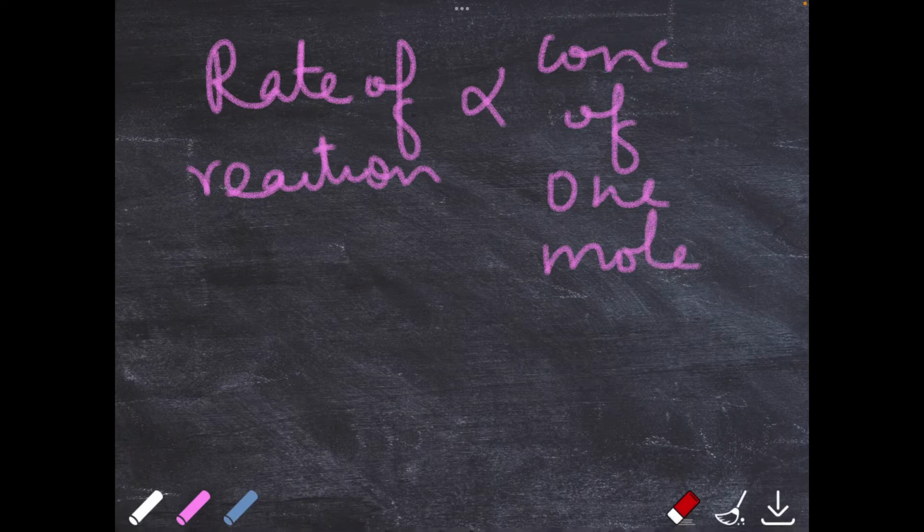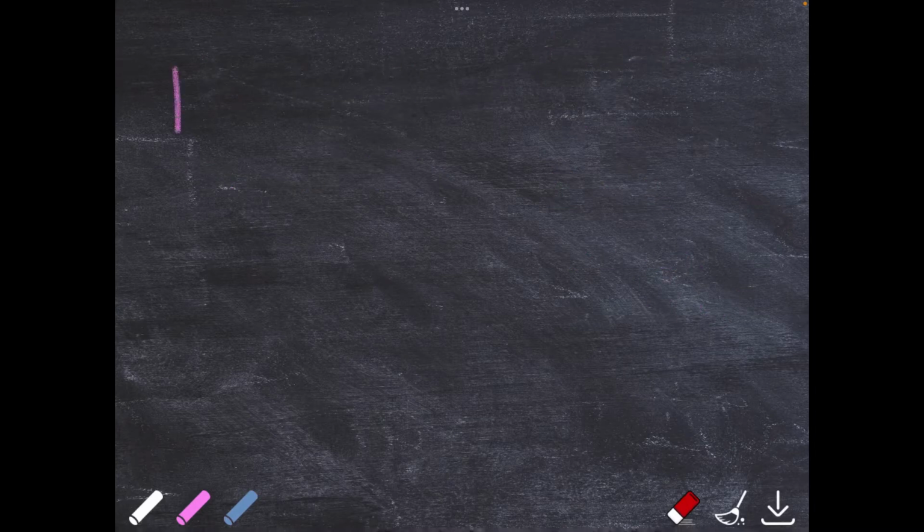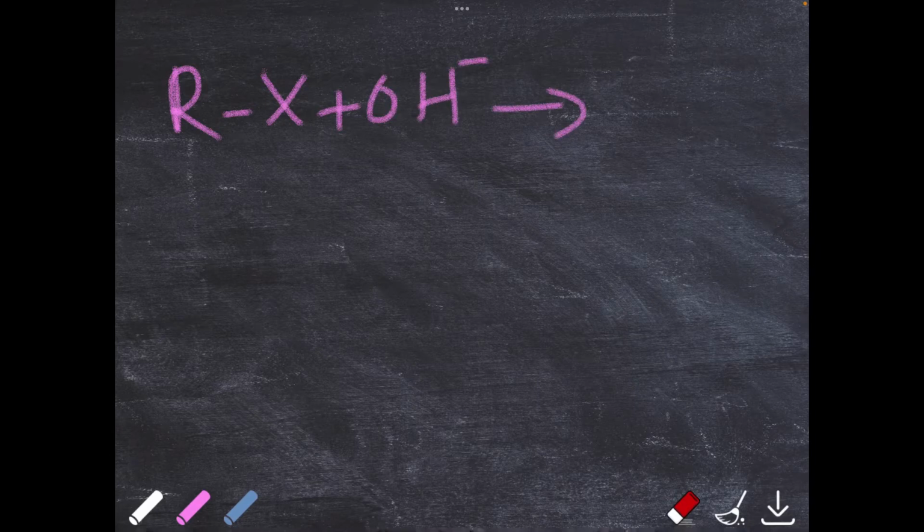That is why it is unimolecular. Now let's take an example. RX plus OH minus gives you ROH plus X minus.